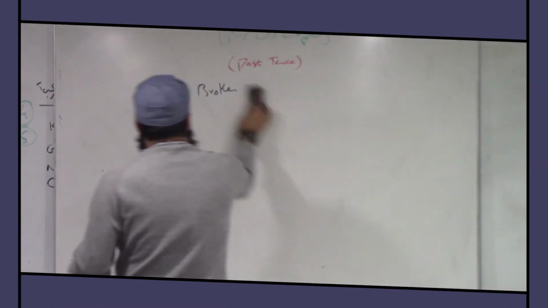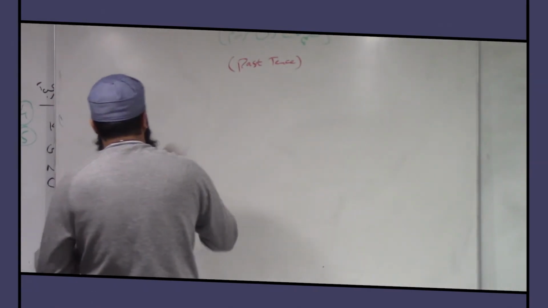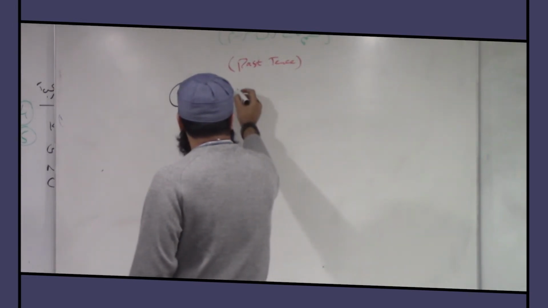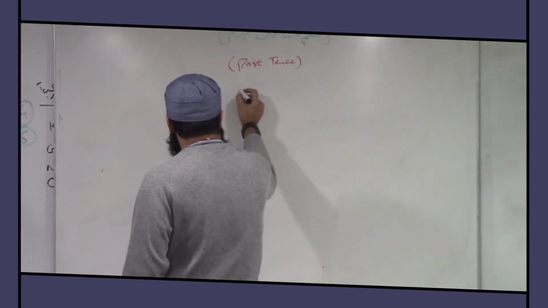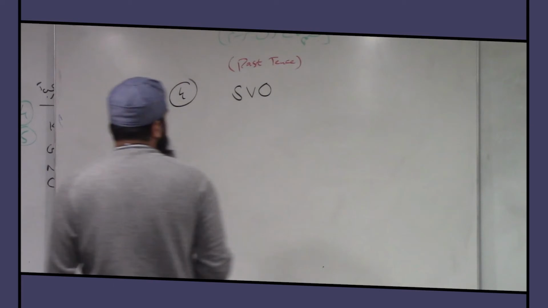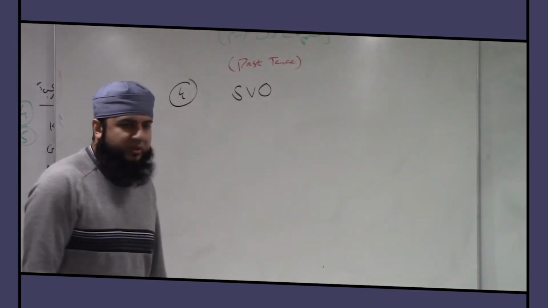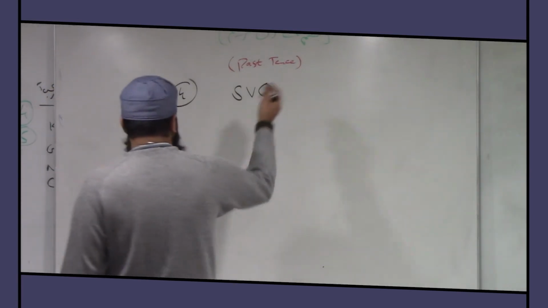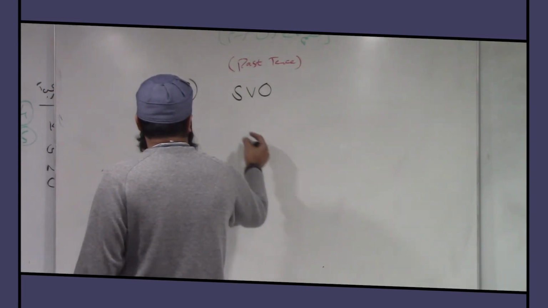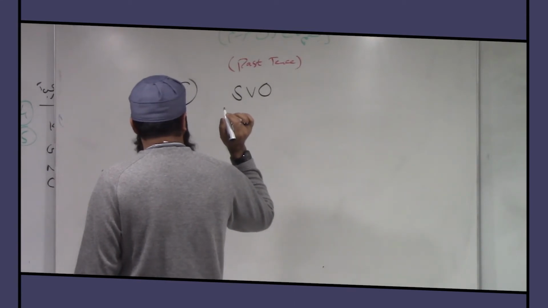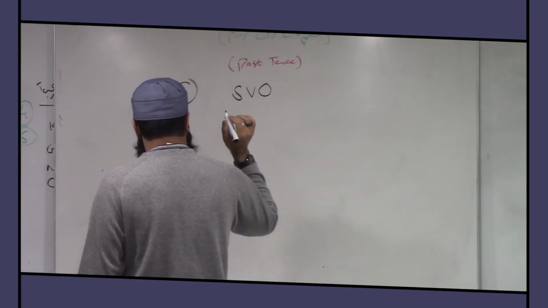Before I do the fourth one, the last condition is what happens here. Let me ask what the sequence is in English whenever you write down subject, object and verb? SVO. That's how it goes. But in Arabic, I told you the sequence doesn't matter. But if you just want to write it down, first is going to be the verb, because the verbal sentence starts with a verb.